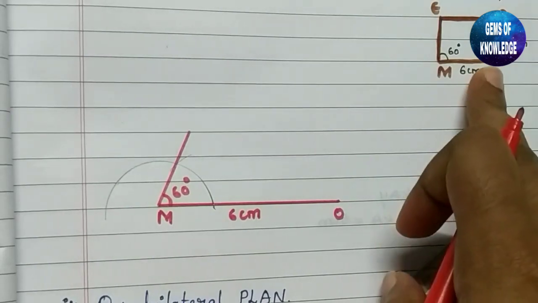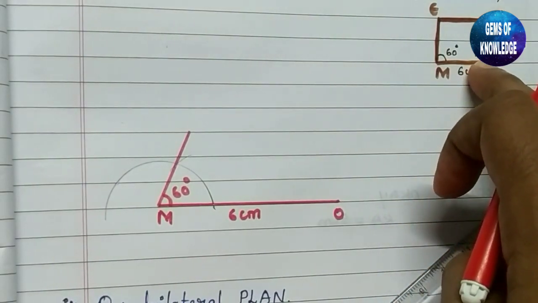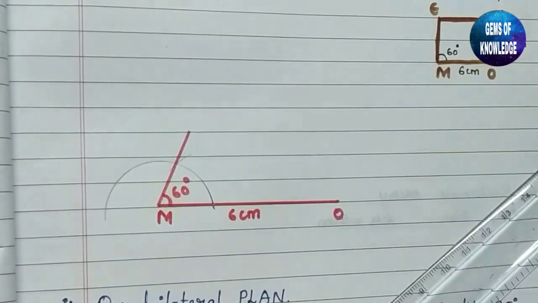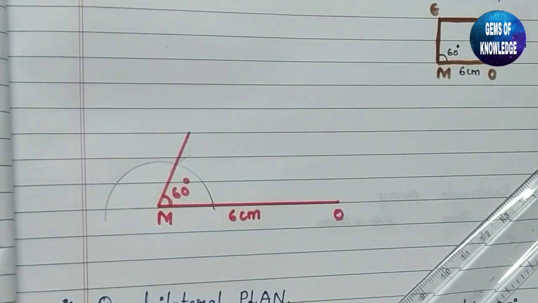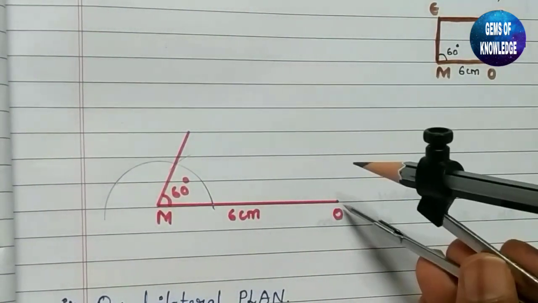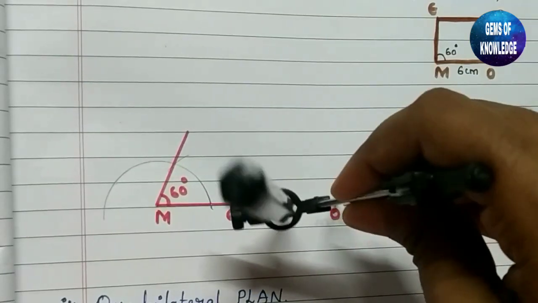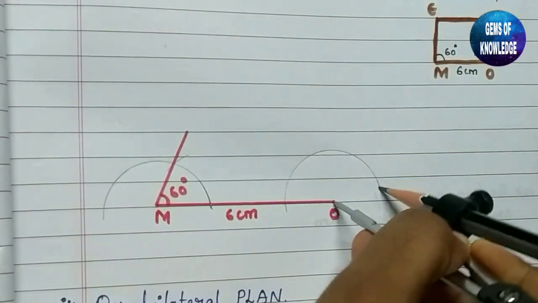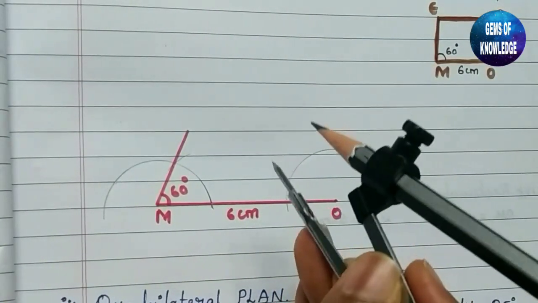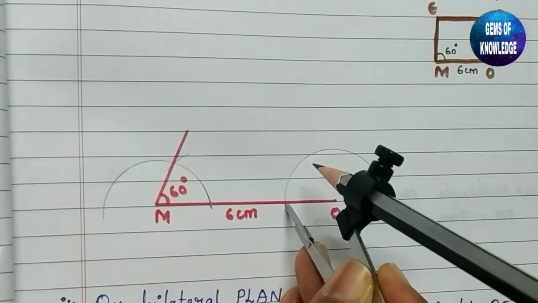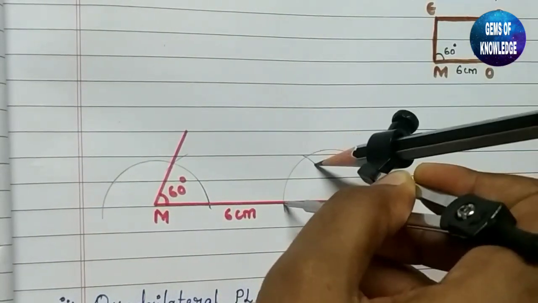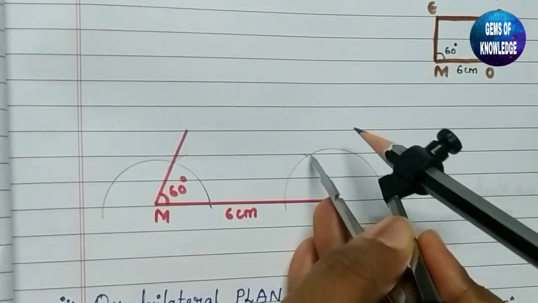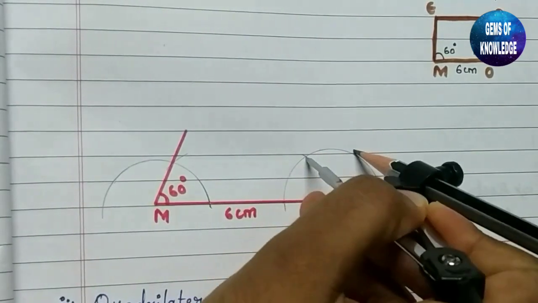Then you can see I need to draw a 105 degree angle here. The same thing I will continue. With this I will draw an arc over here. Then with the same measurement I will keep this on this point and cut one arc. This is of 60 degrees. By keeping on this, I will cut one more arc here.